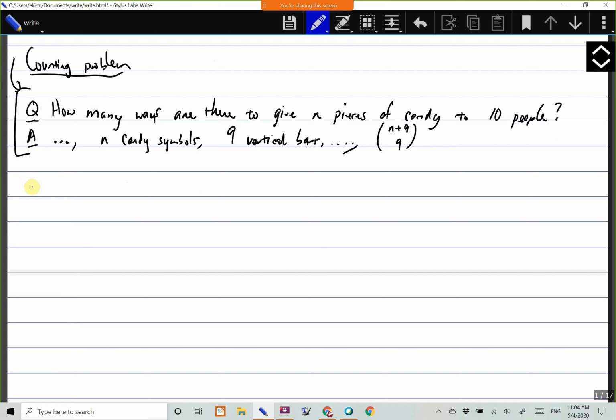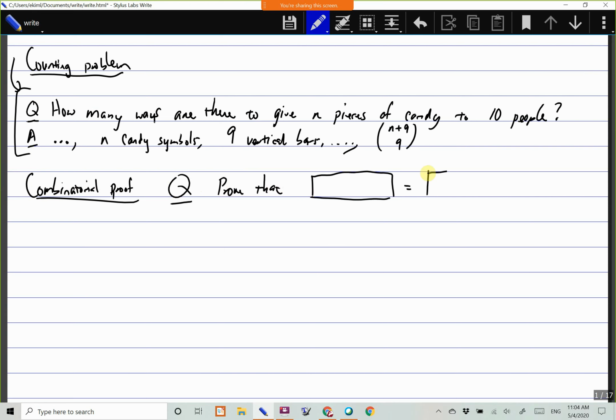Today, what we're going to do is talk about combinatorial proof. And the question that gets asked is really different. The question that gets asked is something like this: prove that this equation equals that equation.